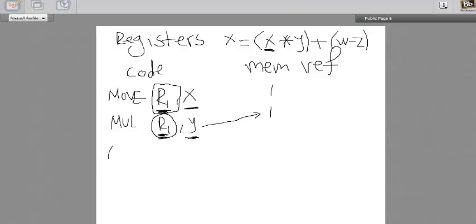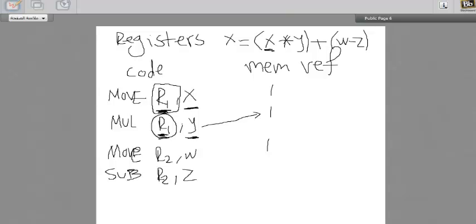We need to move W to R2. Again, we have one memory reference for the W. We need to subtract the Z from R2, which holds the W, right?